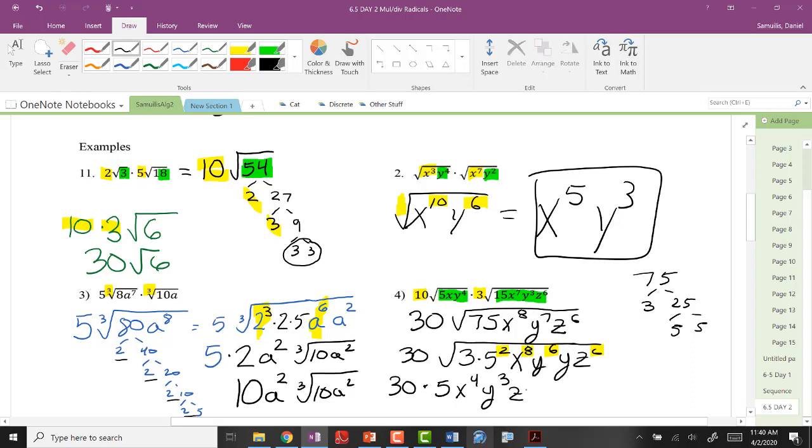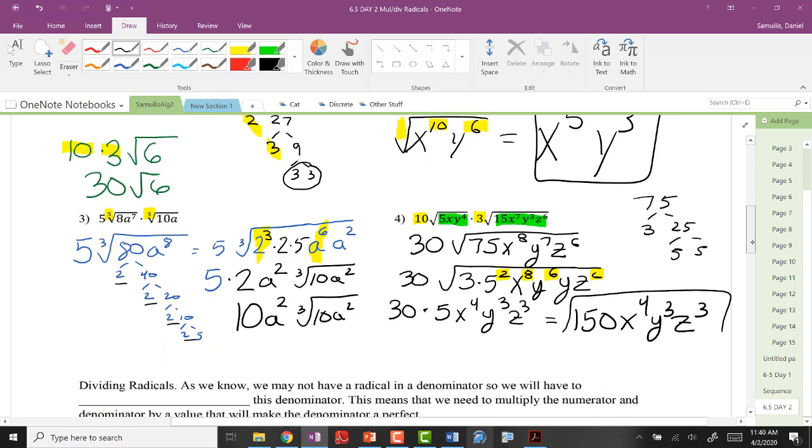Okay, so z to the 3rd. Now I just need to clean that up a little bit. So 30 times 5, that's 150, x to the 4th, y to the 3rd, z to the 3rd. There's our answer. All right, so that's multiplication. Outside with outside, inside with inside, and simplify just as we did yesterday.